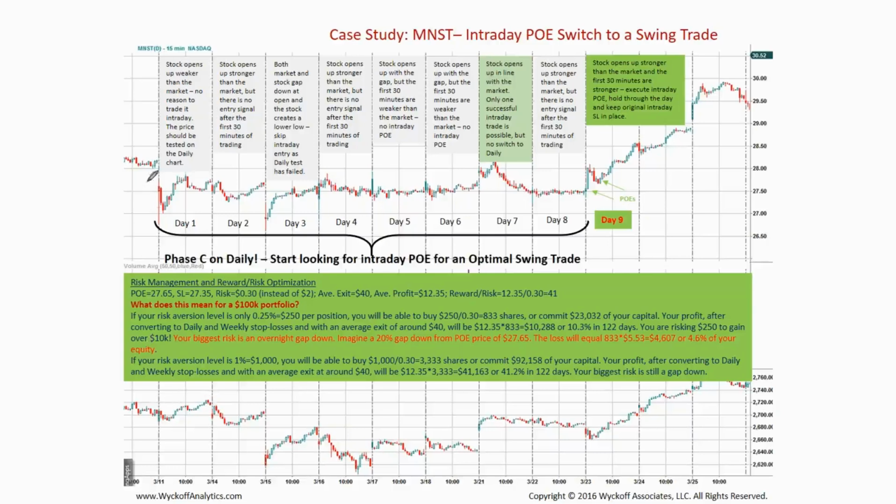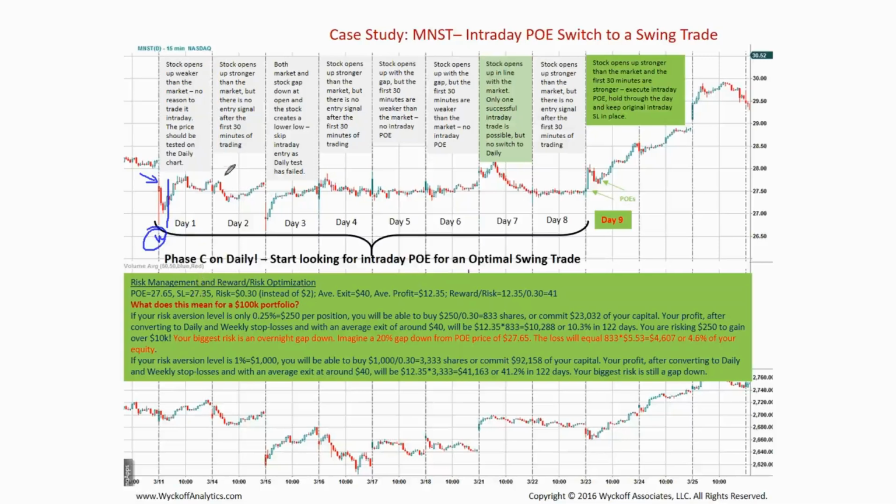So we see on day number 1, Monster Beverage is just going down with the gap so much. In the first 30 minutes, which is where we want to observe any type of action by the stock, we're definitely weaker than the market. So we're not interested in day trading this stock on this day.